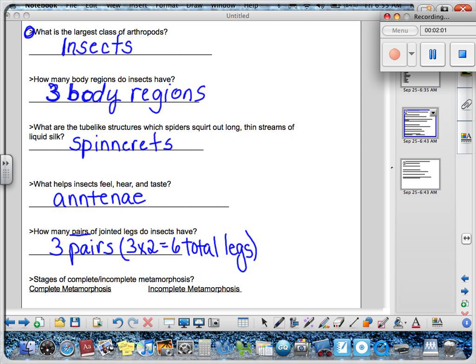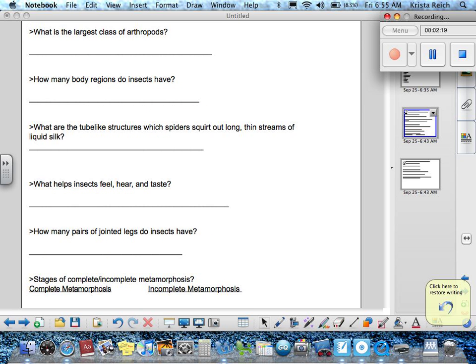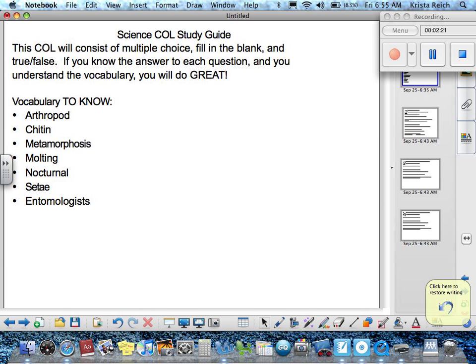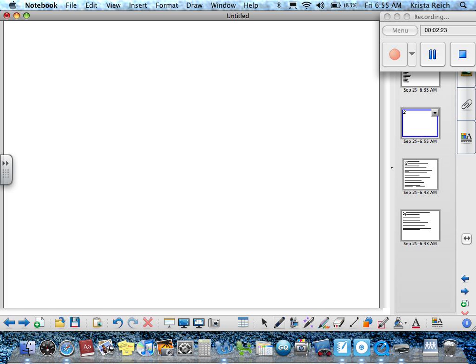Okay, now I want to talk a little bit about the stages of complete and incomplete metamorphosis. I'm just going to say complete meta and incomplete.